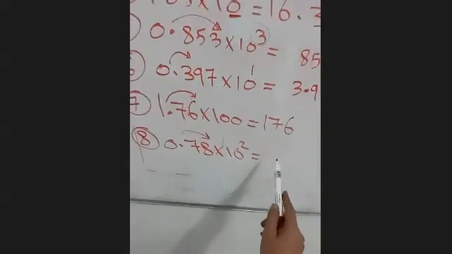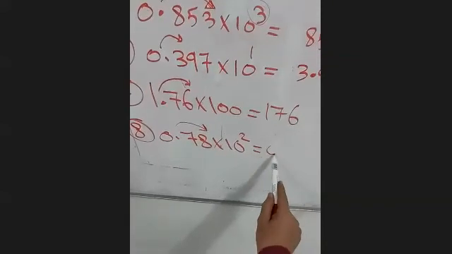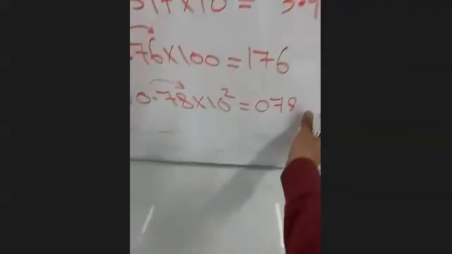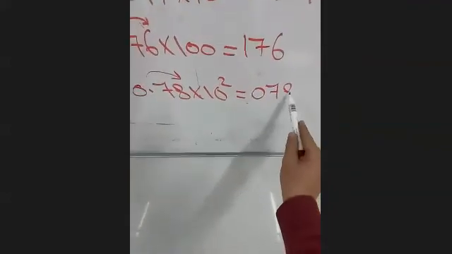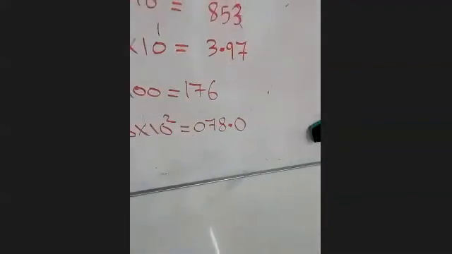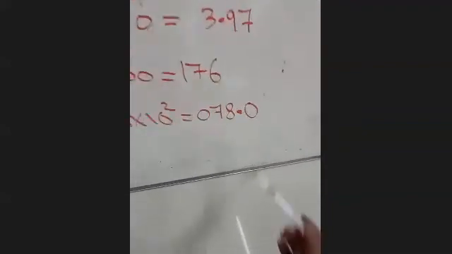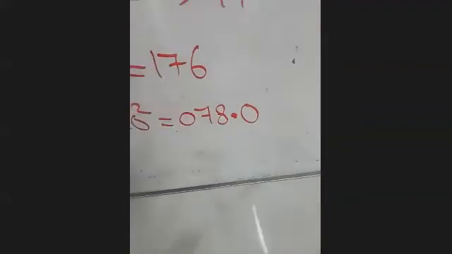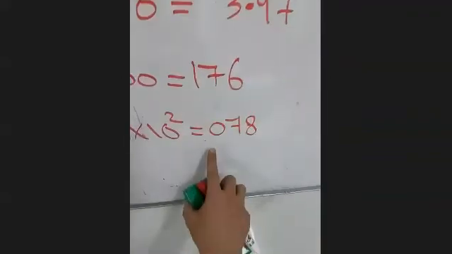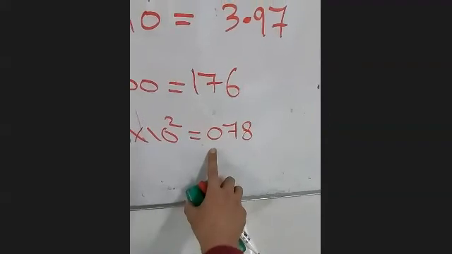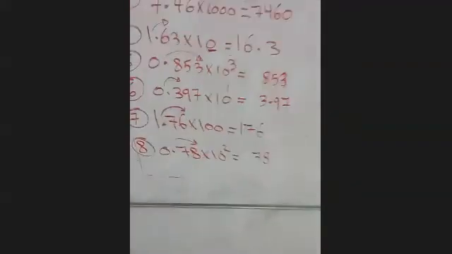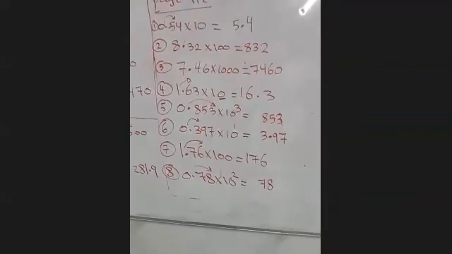What will it be? 78.0, and the 0 doesn't have value, right? Right. Do we need decimal 0? No. Erase it. Do we need this 0? No. What's the answer? 78. Yes. Do you understand that?